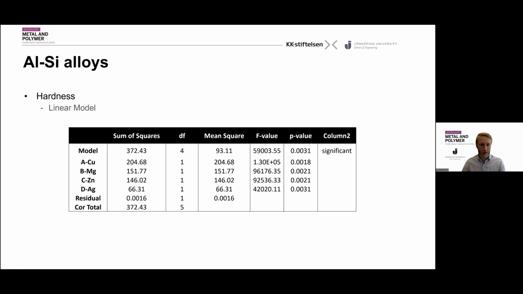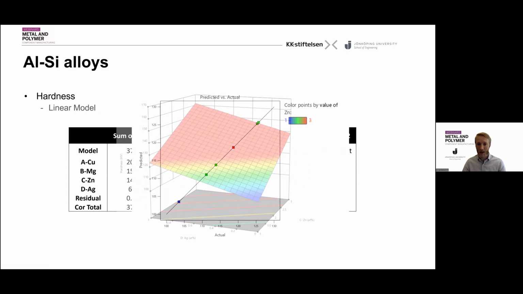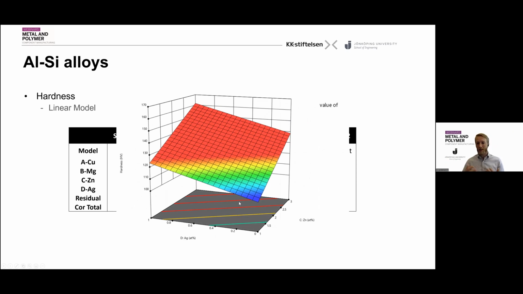And it means when we plot our predicted and actual, we got a very, very nice fit between our predicted hardness and the actual measured hardness, meaning that we can create some surfaces and quite accurately understand and predict the hardness when we start changing these variables, increasing or decreasing them independently.